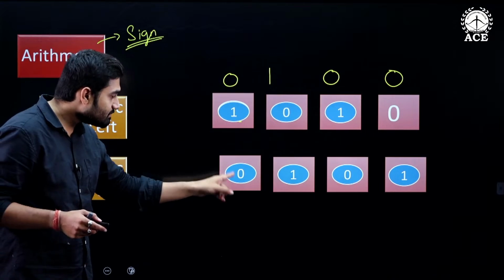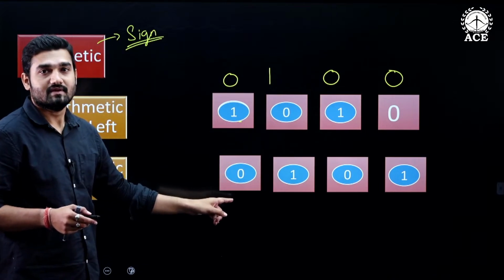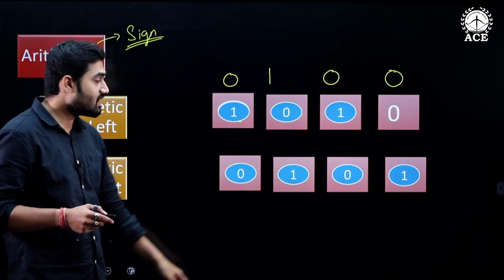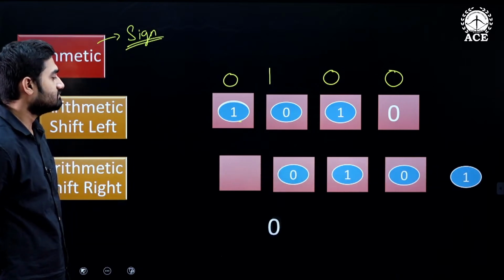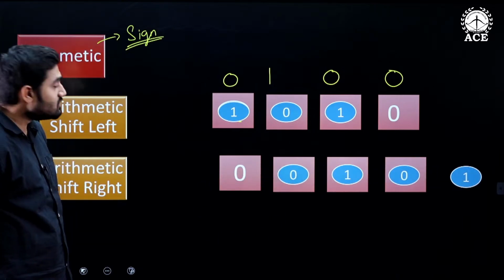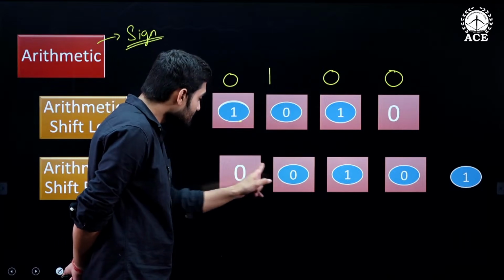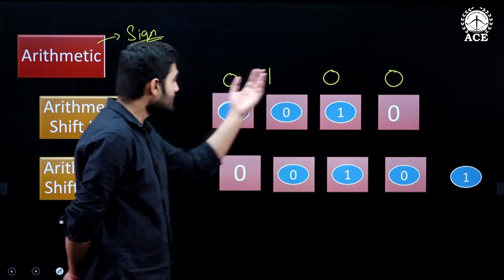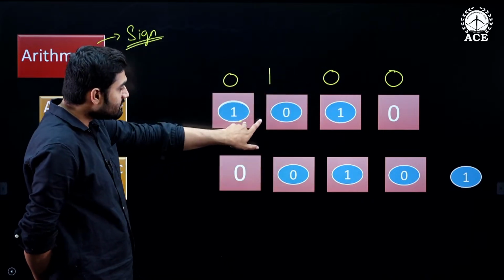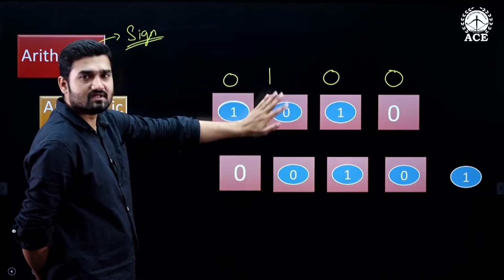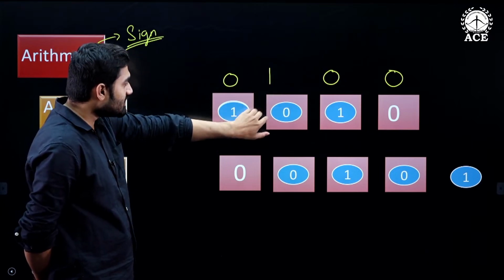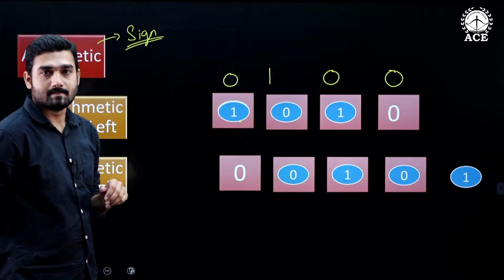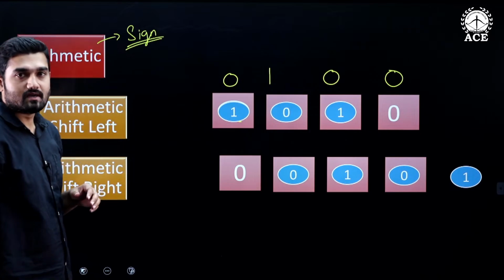If it is positive, let it be positive, in this fashion. The new content will be 0, because it was 0. In the left shift, if this bit and this bit have the same value, then everything is okay. If these two bits have different values, then there is an overflow. Okay, we got to know about this part.